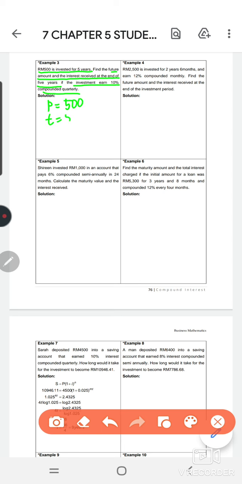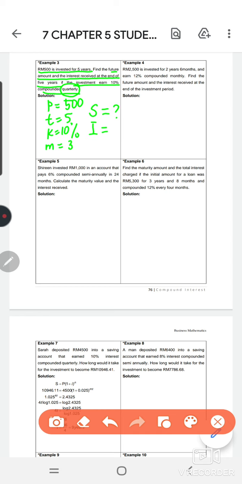Your t is 5 years. Your k is 10% compounded quarterly. It means 1/4, a quarter. So your m equals 3. Because it compounds 4, 8, 12. So your m equals 3. Okay, then you substitute into the formula, and you need to find first S and then I.